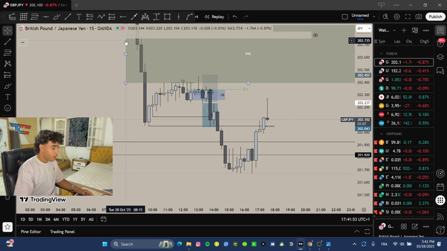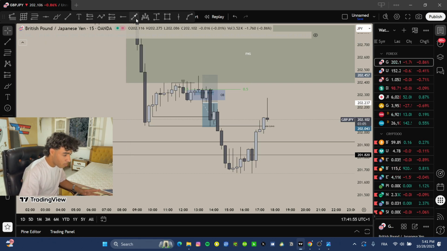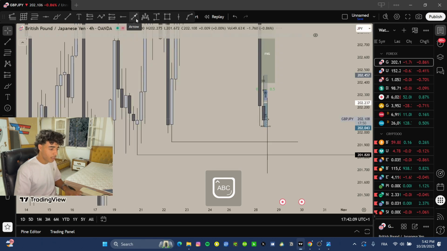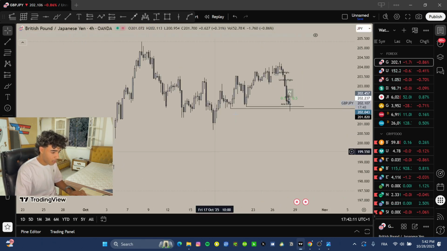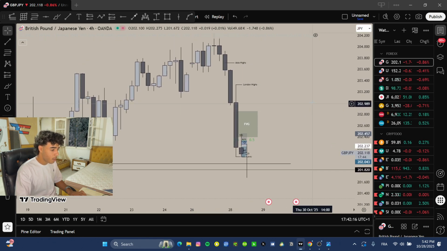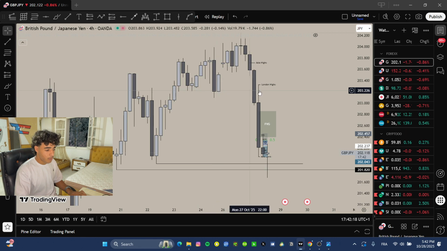Coming into the day, I wanted to take shorts. Why? I opened my chart right before the New York session opens, because I always trade New York sessions. In the beginning I went to the 4-hour time frame and looked for my overall buys. What I can see is a 4-hour breakout structure and a continuation of a bearish trend.